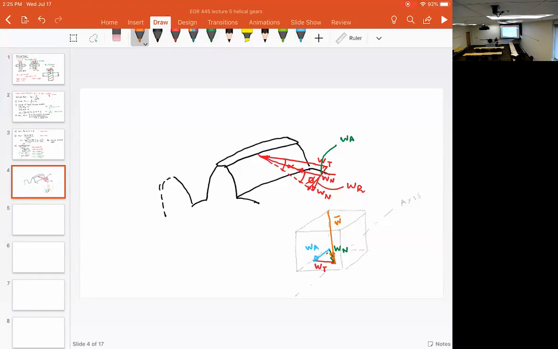And last but not least, Wn bar will have Wr. So these are the forces that are acting on the helical gear.